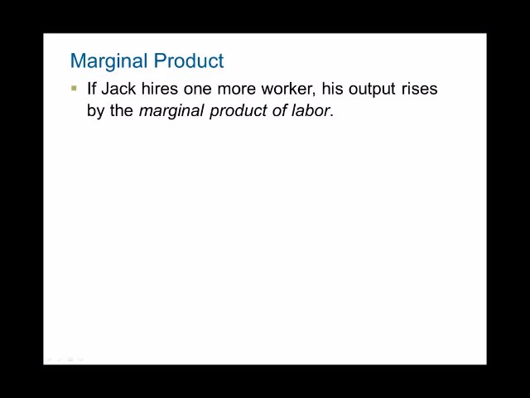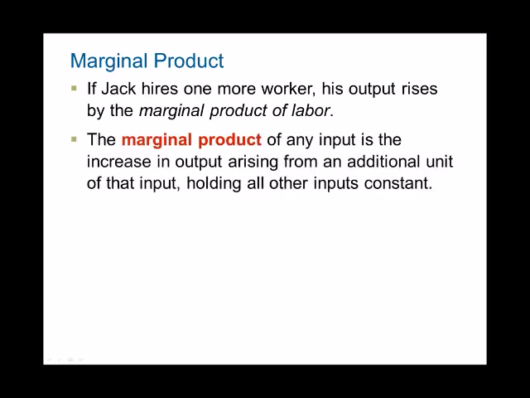So if Farmer Jack hires 1 more worker, his output goes up by an amount we call the marginal product of labor. The marginal product of any input is the increase in output when we increase the number of input by 1 extra unit, holding all other inputs constant.